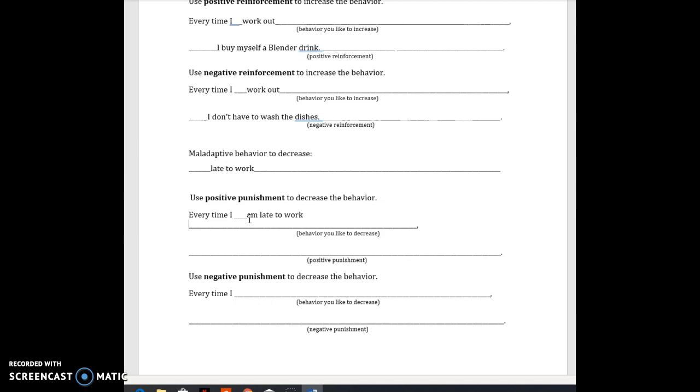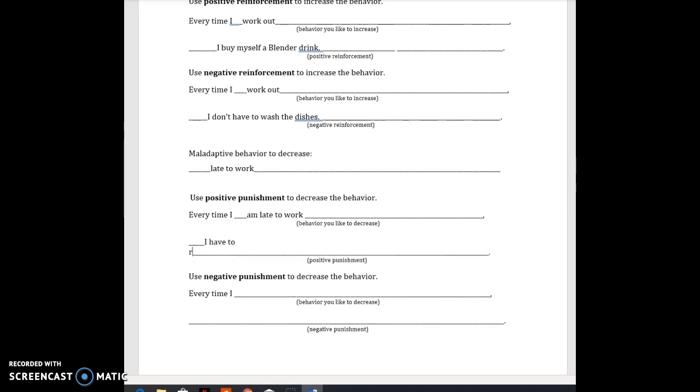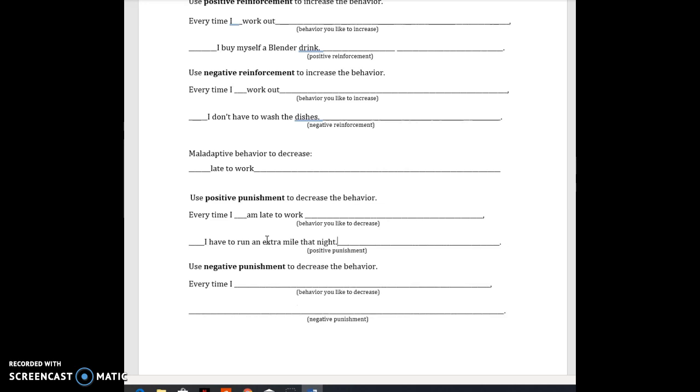Every time I'm late to work, I'm going to add something unpleasant. I have to run an extra mile that night. So I'm adding something unpleasant. I'm basically punishing myself by adding something unpleasant every time I'm late to work.